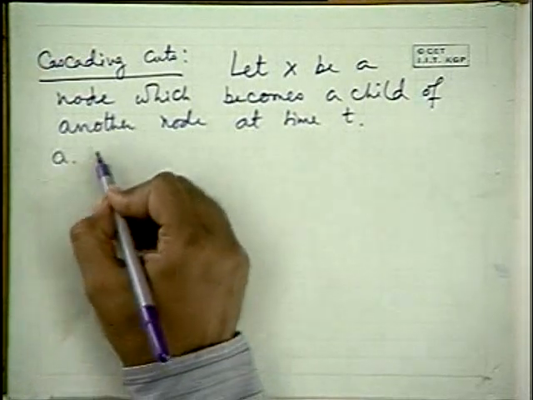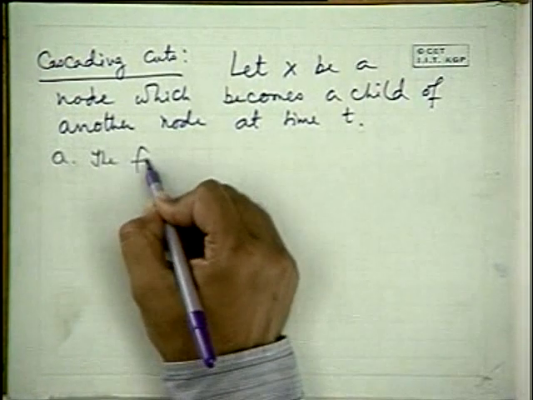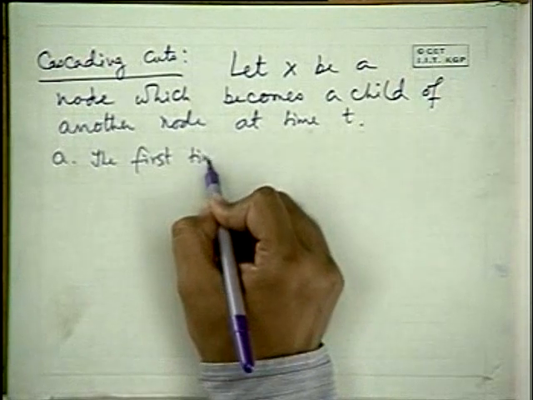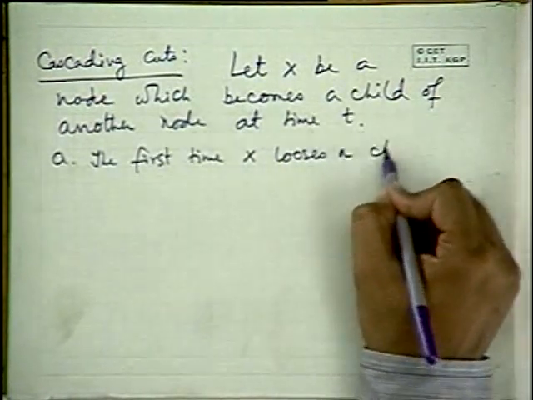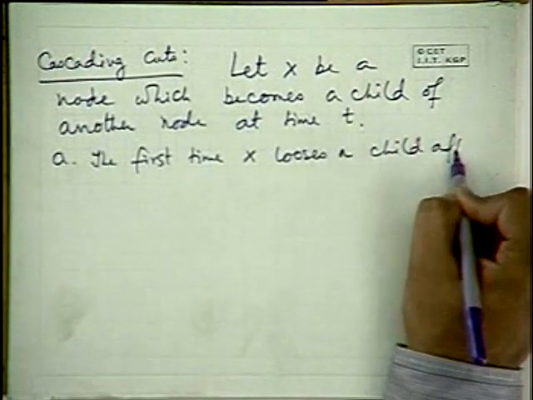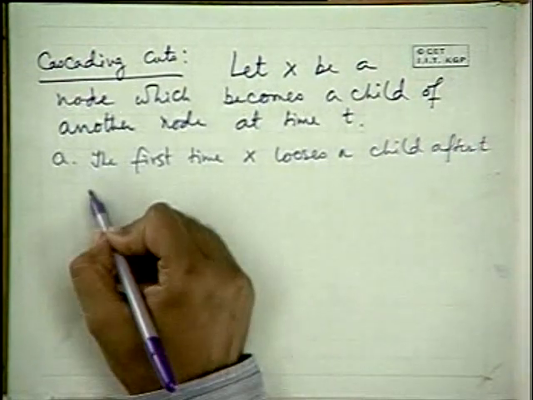Now there are two things. The first time X loses a child after t, it is marked.